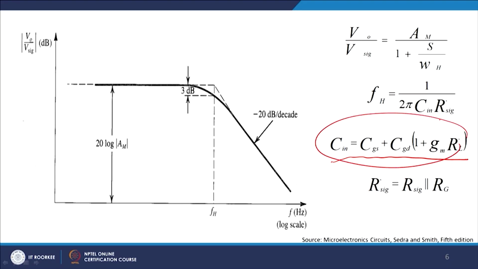So this is for the low frequency design, and let me now do the high frequency design to make it better understood. Within the high frequency design, we also try to see what is known as Miller multiplication.